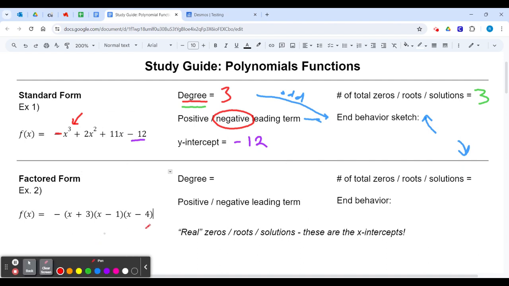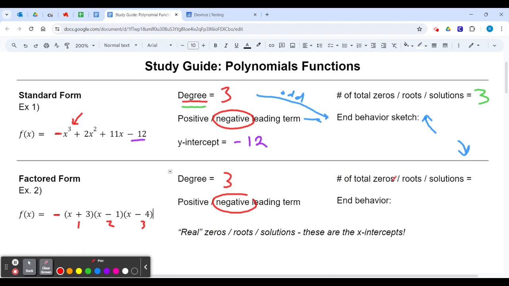So the degree we can find out is 3 again because we have 1 factor, 2 factors, 3 factors involved. So we do have a degree of 3. Our leading term in this case is going to be negative because we have that negative sign out in front of my factors.